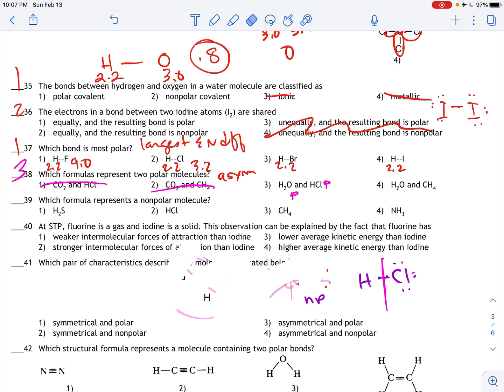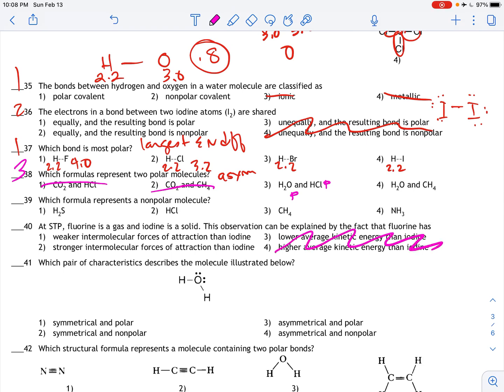Let me get rid of this stuff here. Okay, at STP, fluorine is a gas and iodine is a solid. This observation can be explained by, okay, what's holding a solid together is strong intermolecular forces. Average kinetic energy is temperature. That's not why.